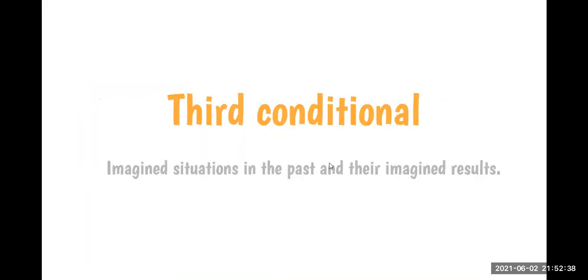Let's talk about the third conditional. We use the third conditional to talk about imagined situations in the past and their imagined results. So unreal situations in the past and the results. Normally we use this kind of conditional to talk about regrets, okay?